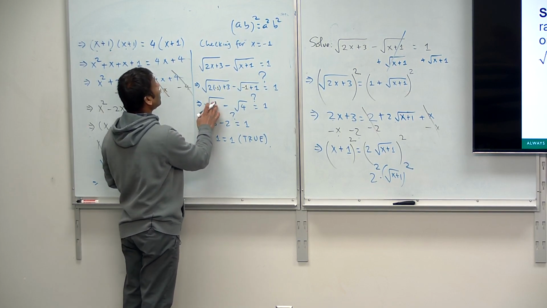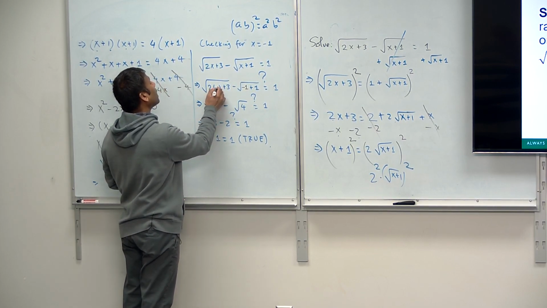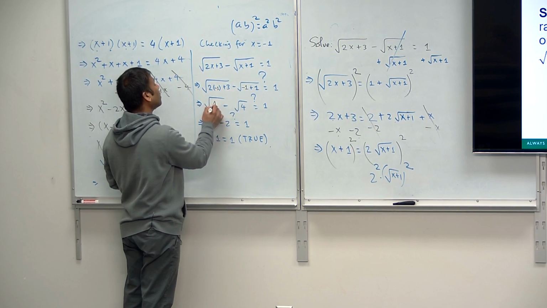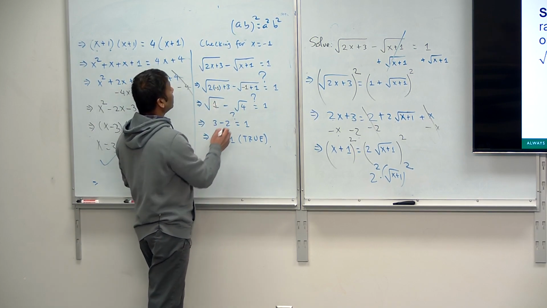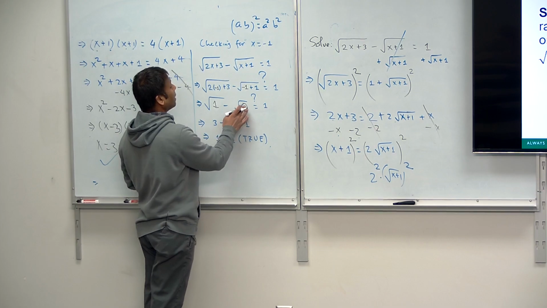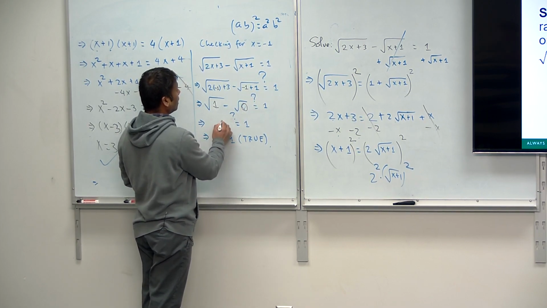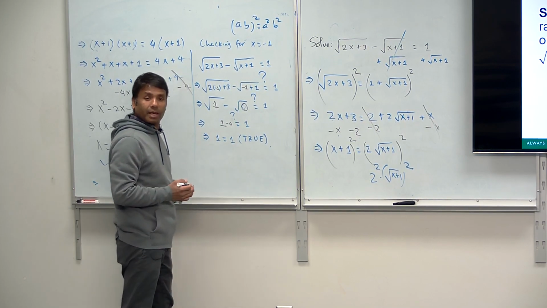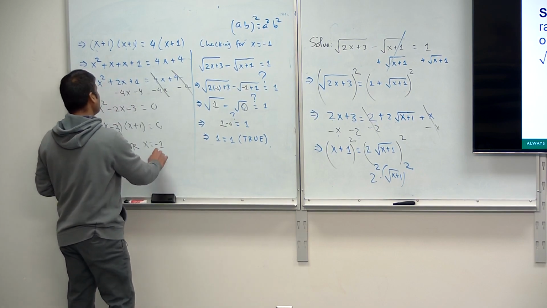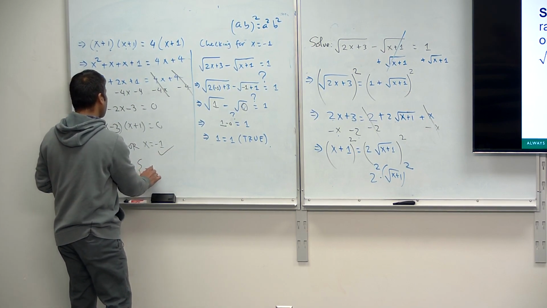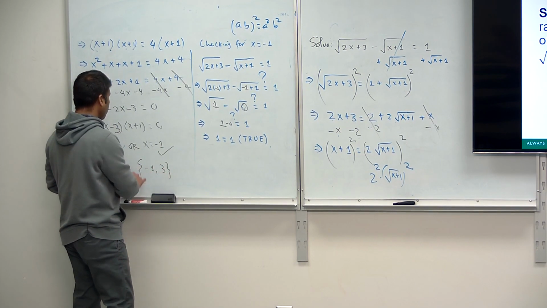And now, what is 2 times negative 1? Negative 2. Negative 2 plus 3 is what? 1, right? And the second radical is 0, because negative 1 plus 1 is 0. So this is 1 minus 0 equal to 1. 1 equal to 1. This is also true, right? So now the solution set is negative 1, comma 3.